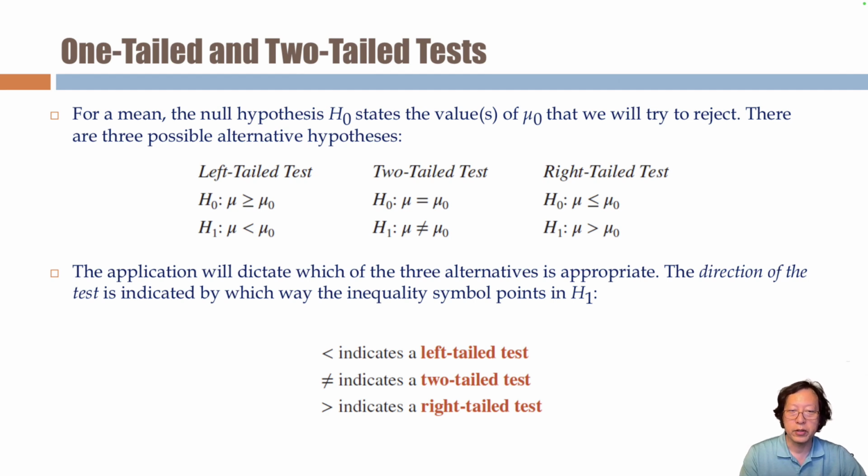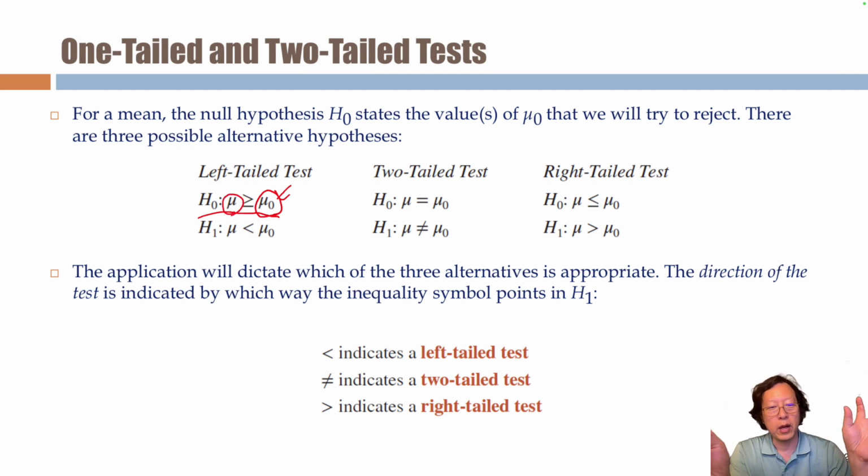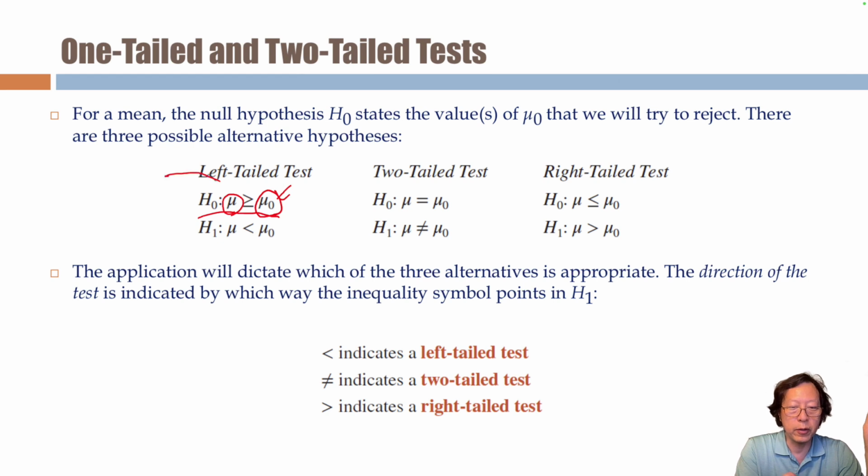Null hypothesis testing. Suppose the null hypothesis is that mu is greater than mu 0, where mu 0 is the given number. So what you can tell is our population mean is greater than a certain number. That's the null hypothesis.